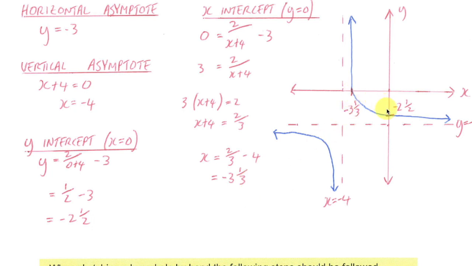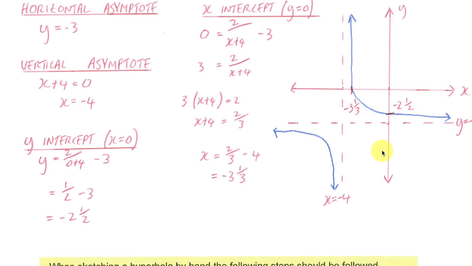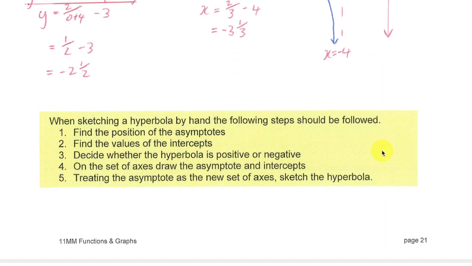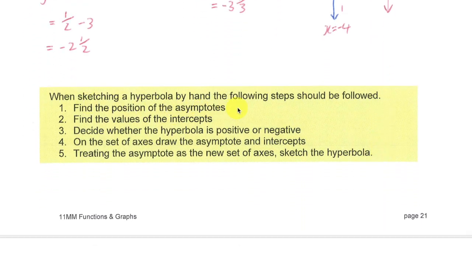So I place those in and then sketch the graph. And here's a summary. We find the position of the asymptotes, find the intercepts, decide whether we have a negative or positive hyperbola. On the set of axes, draw the asymptotes and intercepts, treating the asymptotes as the so-called new set of axes, and sketch the hyperbola.